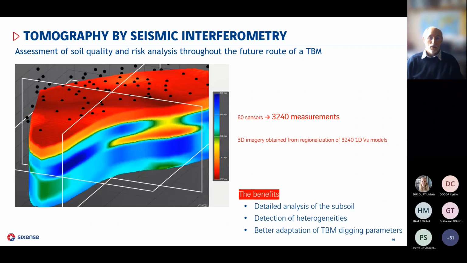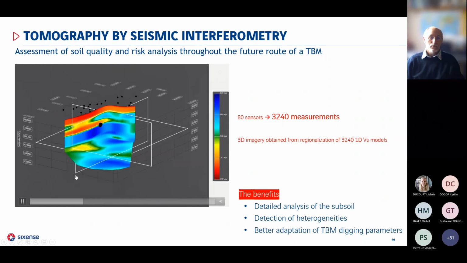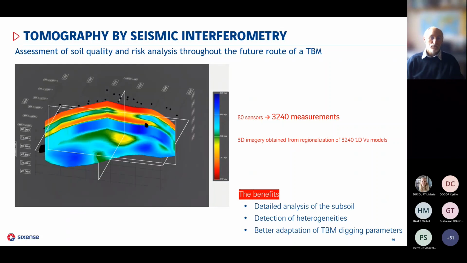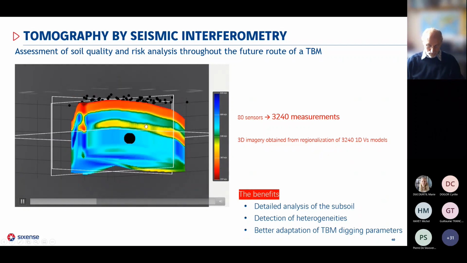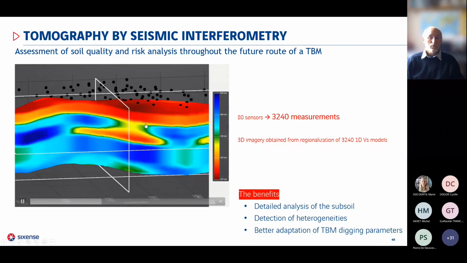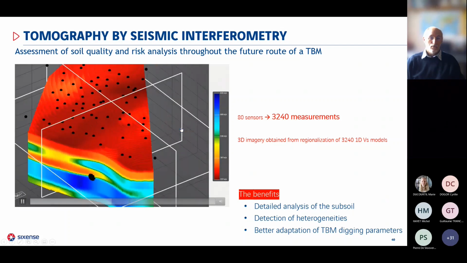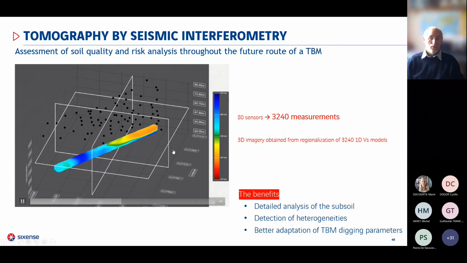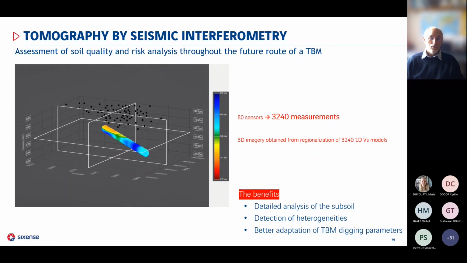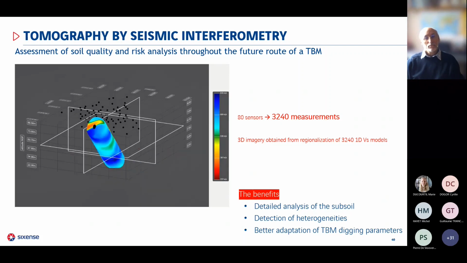So in this area of study, as you could see here, we were able to detect the different seismic horizons and a low velocity zone that corresponds to a passage of clay, the layer that we see here in red. And we were able also to observe and measure the velocity variations along the future passage of the TBM, in which we see large heterogeneities.